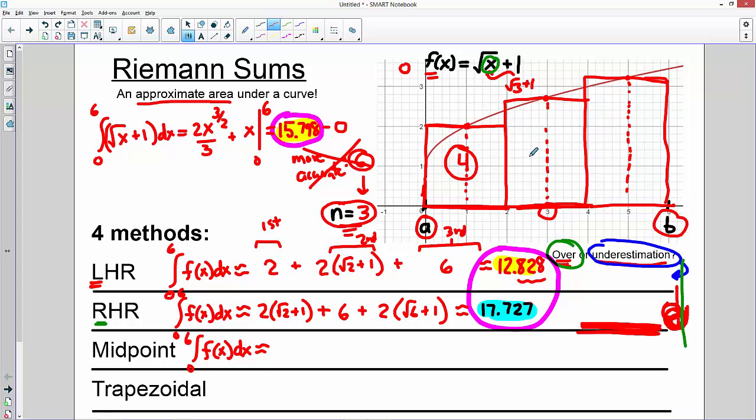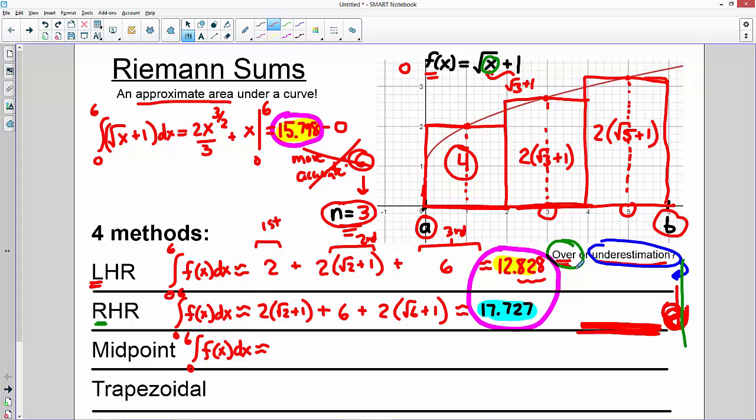So it's 2 times the square root of 3 plus 1. Can't see that too well, but I think you got it. And the last rectangle is going to be, again, a width of 2 and a height of plugging 5 in. That's the middle to this formula. So it's just going to be 2 times the square root of 5 plus 1.